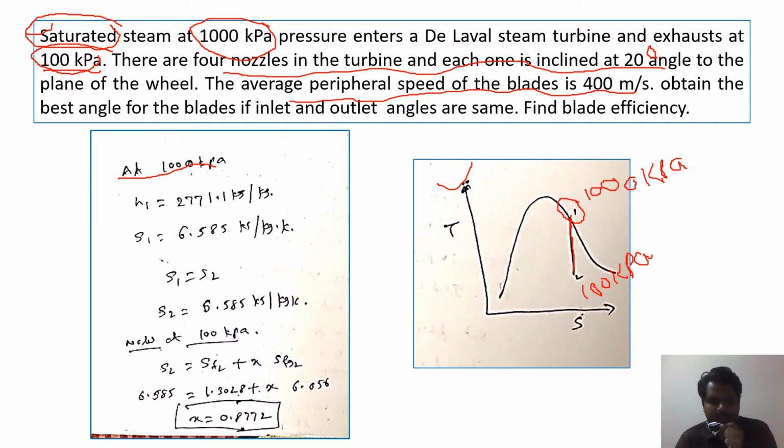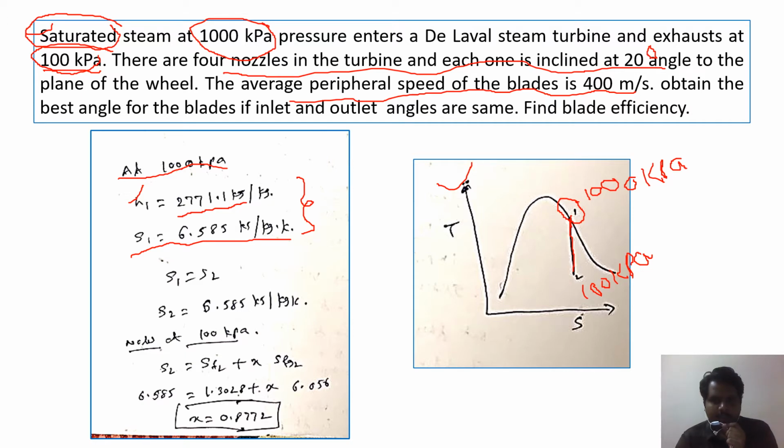Looking at the steam table, the H1 value is 2771.1 kilojoule per kg, and the entropy S1 value is 6.585 kilojoule per kg Kelvin. These values I have taken from the steam tables.